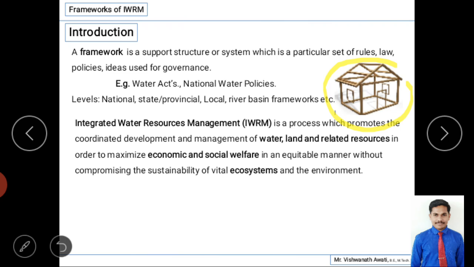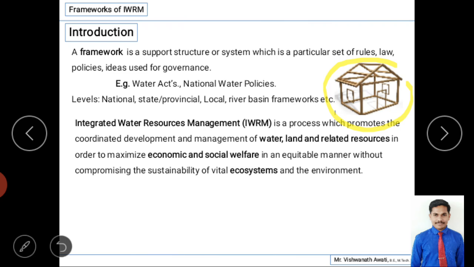It says integrated water resource management is a process which promotes the coordinated development and management of water, land and related resources in order to maximize the economic and social welfare in an equitable manner without compromising the sustainability of vital ecosystems and environment.